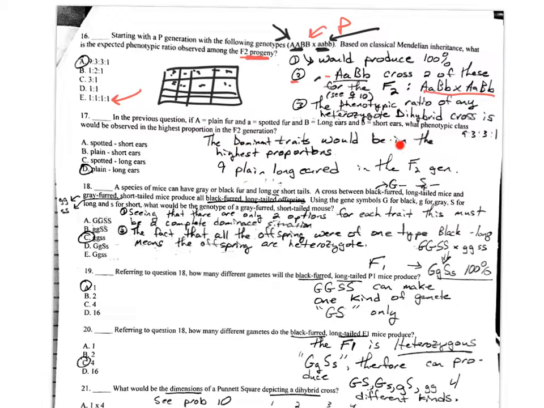The dominant traits would be in the highest proportions, 9 to 3 to 3 to 1. So 9 plain long-eared in the F2 generation. So they said, what phenotypic class would be observed in the highest proportion in the F2 generation?